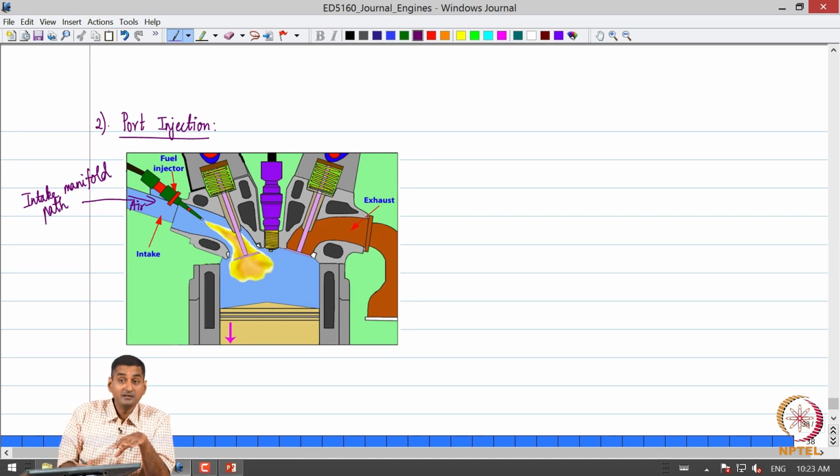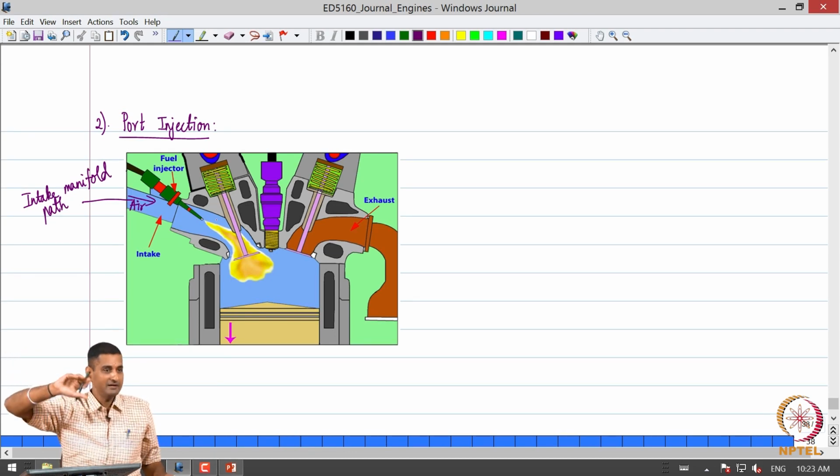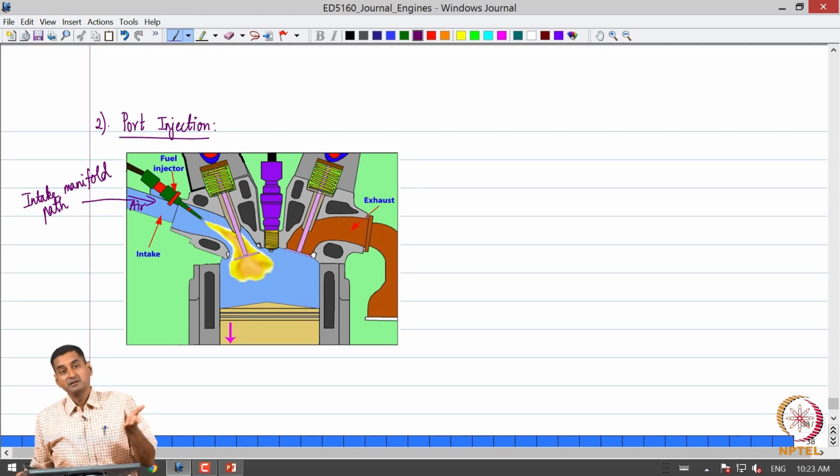So here the fuel is not mixed with air before the intake system, as in a simple carburetor. In a carburetor, the fuel air mixture is prepared and then given to the intake manifold. So here the injection of the fuel takes place after the throttle, okay.